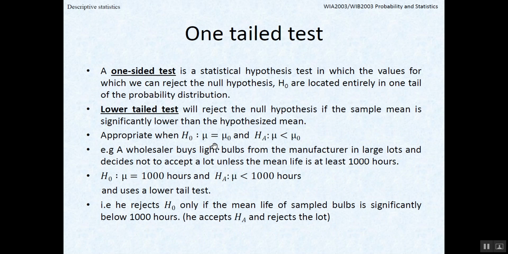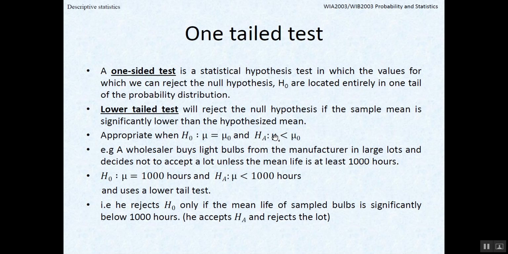Unlike two-tail, with one-tail you reject the null hypothesis if you want to test whether it's lower or higher. For example, a one-sided test is a statistical hypothesis test in which the values for which we can reject the null hypothesis are located entirely in one tail of the probability distribution.